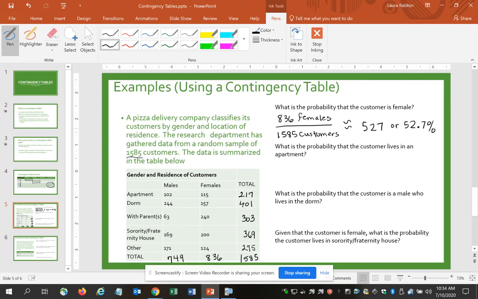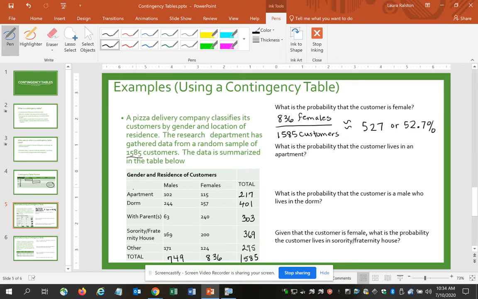All right. The next question says, what is the probability the customer lives in an apartment? Again, in this case, we only have one condition, one thing we're considering. We're considering whether they live in an apartment.